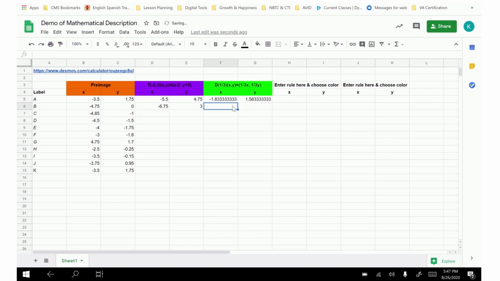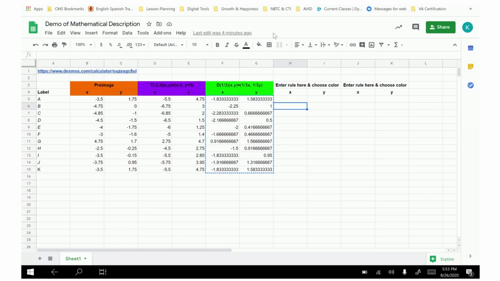Same thing, I'm going to do this next row, negative 6.75 times 1/3, which is negative 2.25. Ooh, that came out nicely.